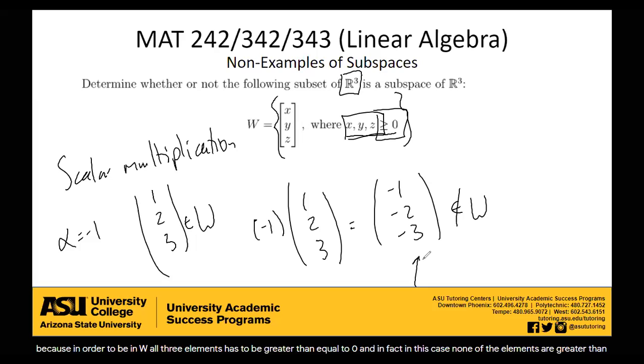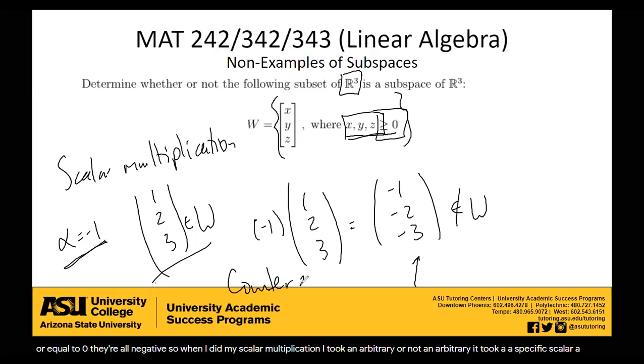They're all negative. So when I did my scalar multiplication, I took a specific scalar and a specific vector. When I multiplied them, I got something that was not in W. So I found what we call a counterexample. I found something that proves that this is not closed under scalar multiplication.